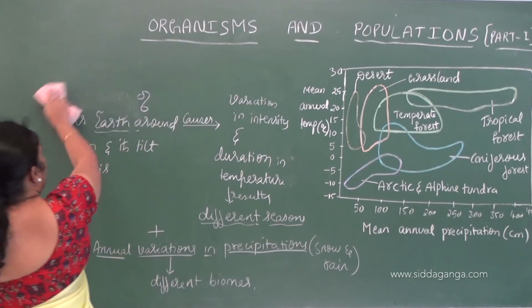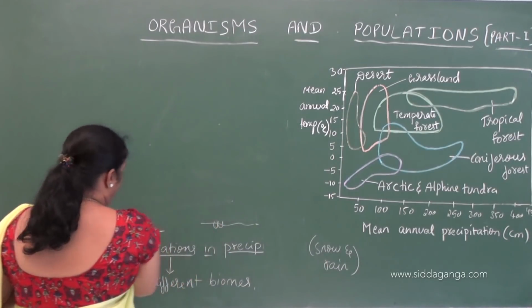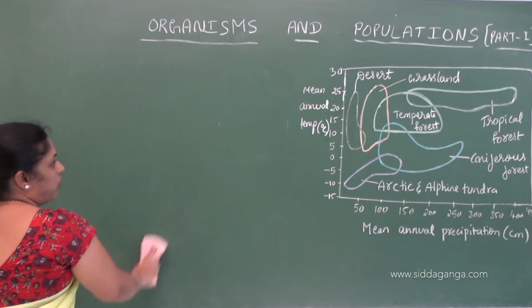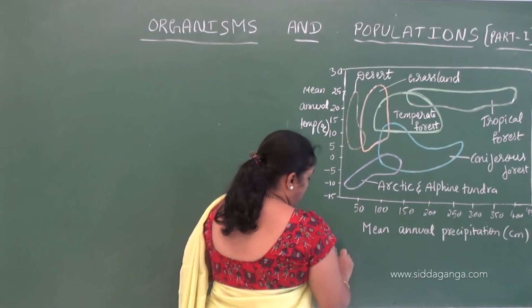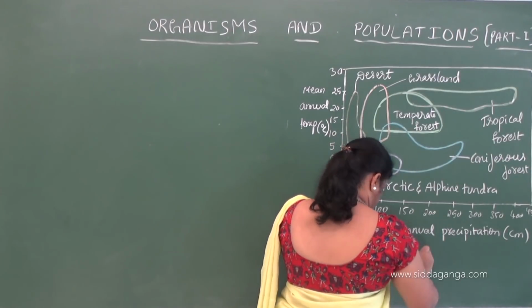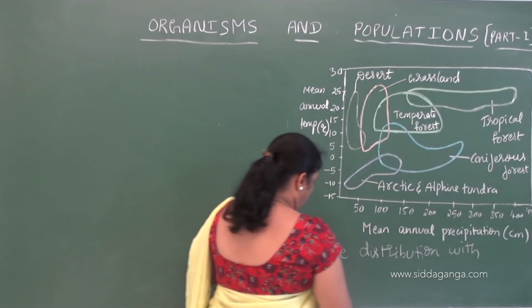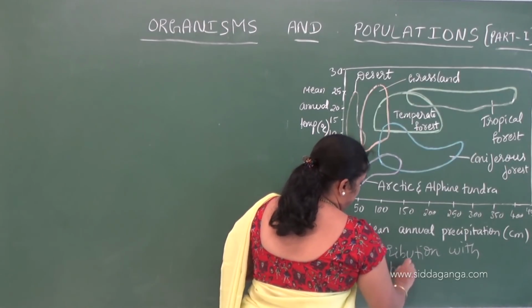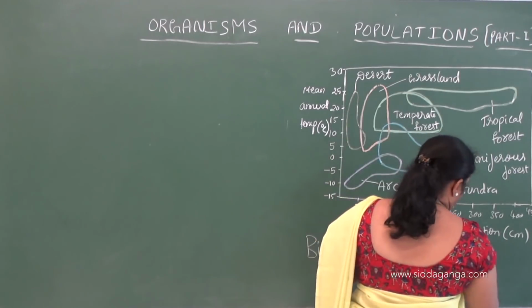So, this diagram shows biomes distribution with annual temperature and precipitation.